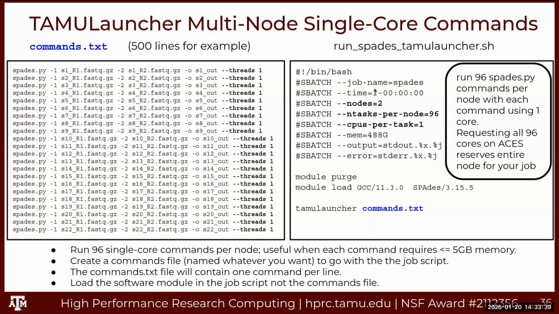If you think the processing will complete in a day, you can adjust the time accordingly, or just remember that if you only complete 400 commands in the time period here, then you can submit a second job using the same job script. Just submit the job script the second time, and it will run the last 100 commands. It remembers where it left off.